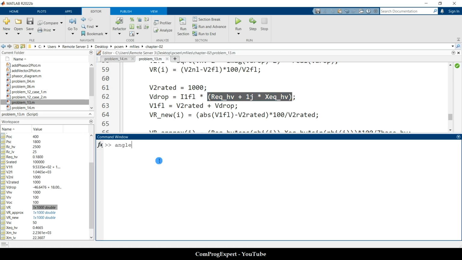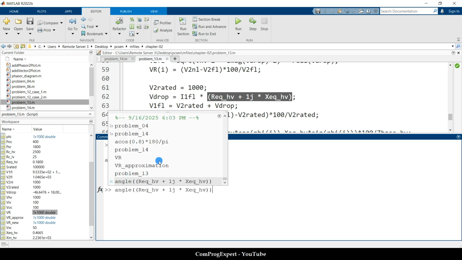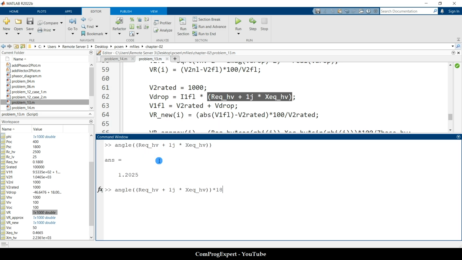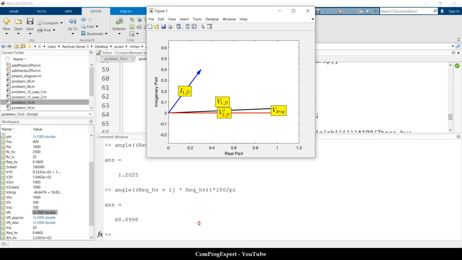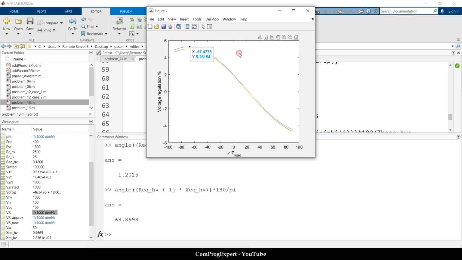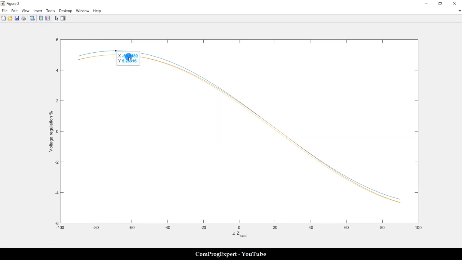Okay, a complex number. I'm going to calculate its angle times 180 divided by pi, 68.9. So here, negative 68.9, we have maximum voltage regulation. You can see the negative sign here.